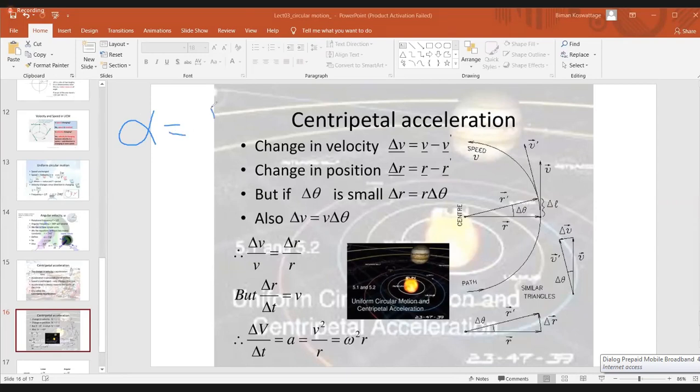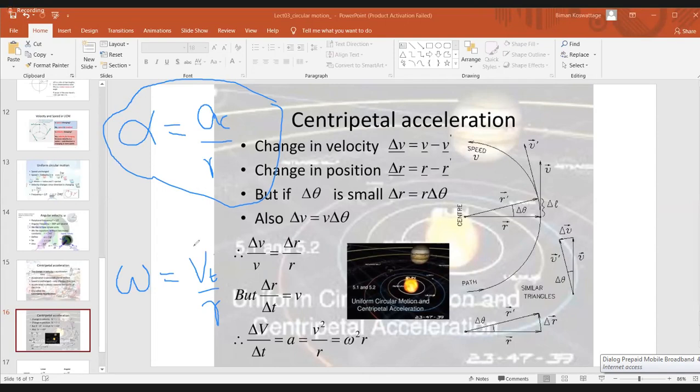Alpha is the tangential acceleration divided by R. So students, please remember that you have an angular velocity, which is omega, equal to Vt divided by R. This is the tangential velocity, and at the same time we have an angular acceleration, which is AT, the tangential acceleration, divided by R.